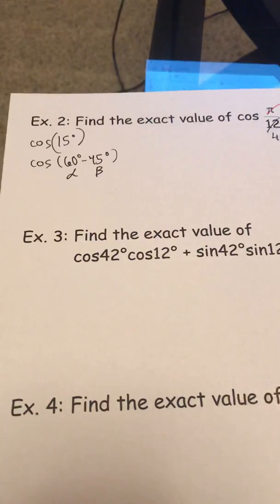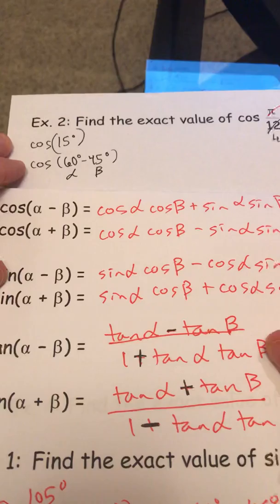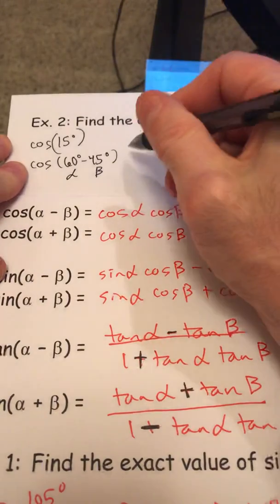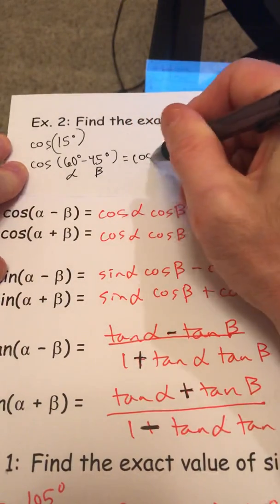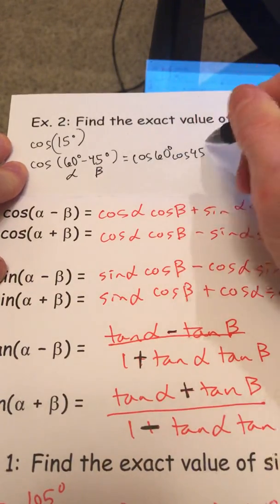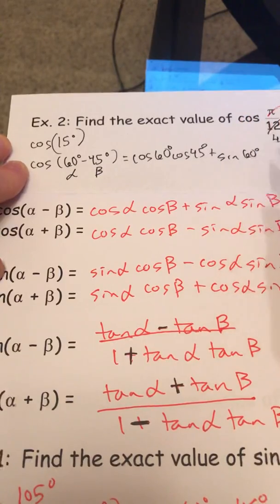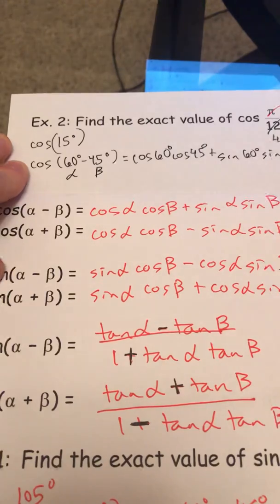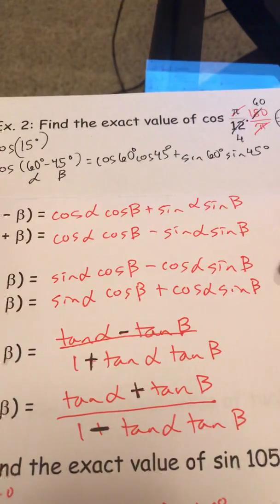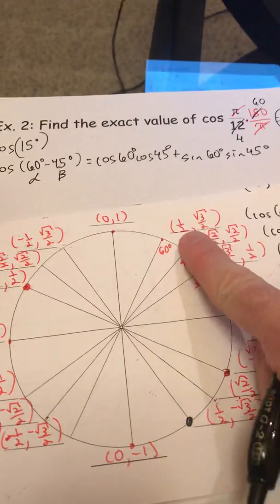And now what we're going to do is come in and use our formulas. So cosine 60, cosine 45, plus sine 60, sine 45. And now you just plug in your exact values. Cosine of 60, 1/2.